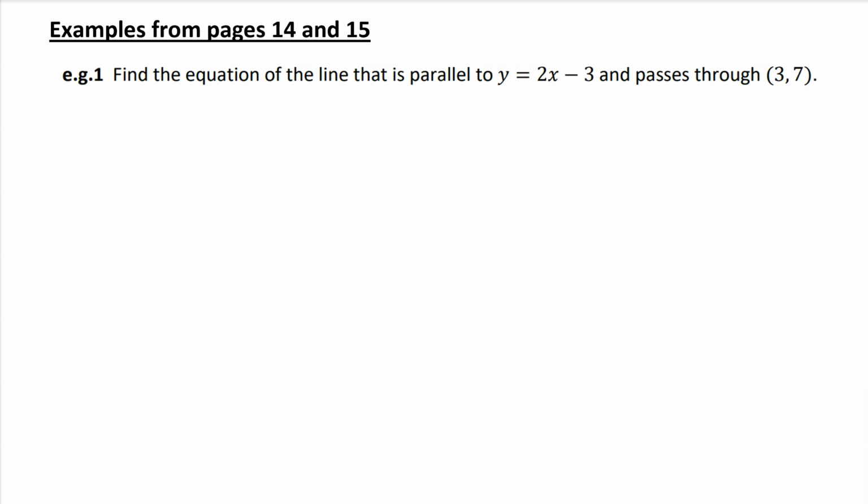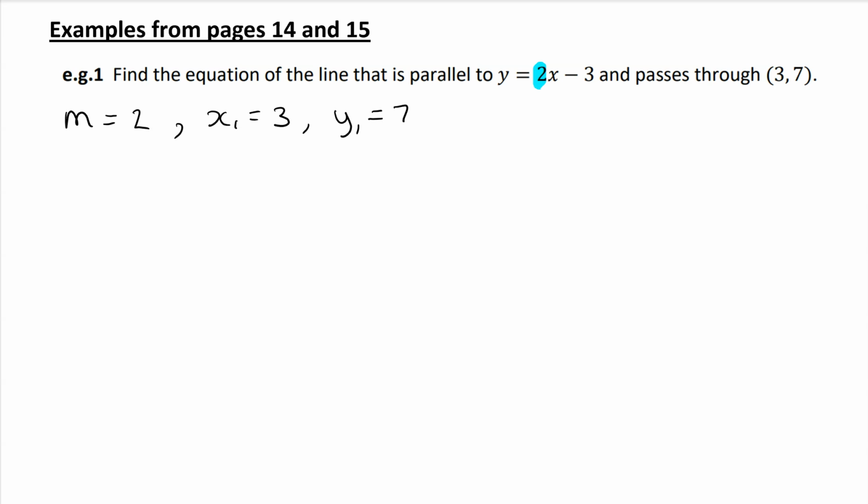So first thing to note is because we're looking at the equation of a line that's parallel to y equals 2x minus 3, we know it has to have the same gradient. And we know that the gradient of this line is just 2. Okay, it's already in the form y equals mx plus c. So we have a gradient of 2, so m equals 2, and it's going through this point (3, 7).